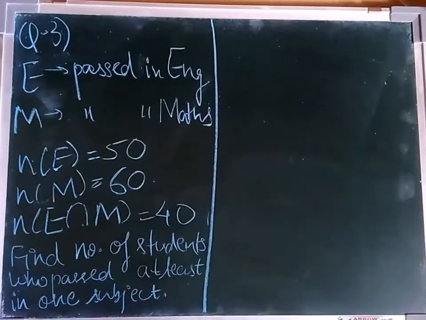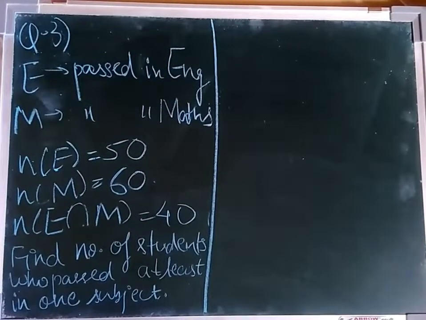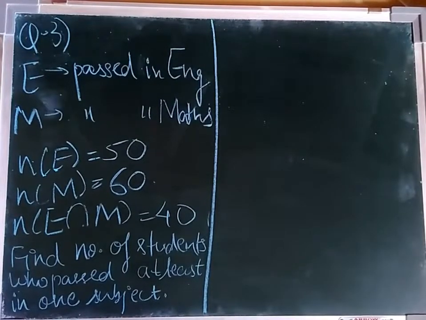Okay. In question number 3, they have given that in a competitive exam, 50 students passed in English. So I have written E. I will use E for representing the set of students who passed in English, M for the students who passed in Maths.